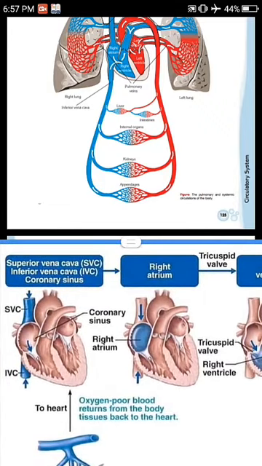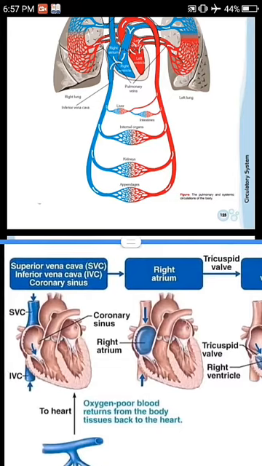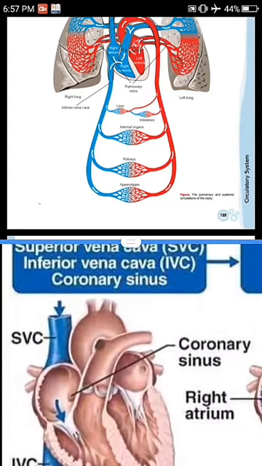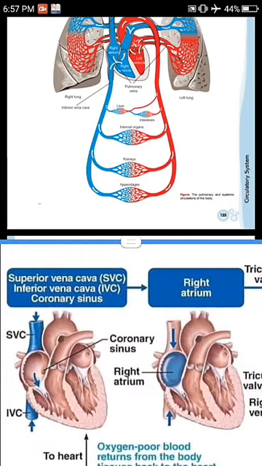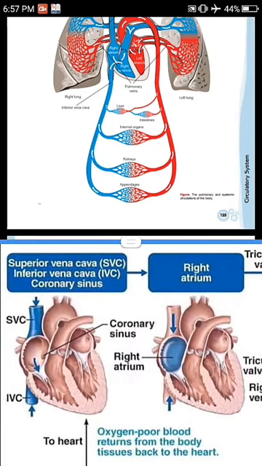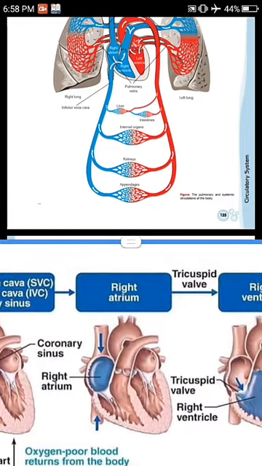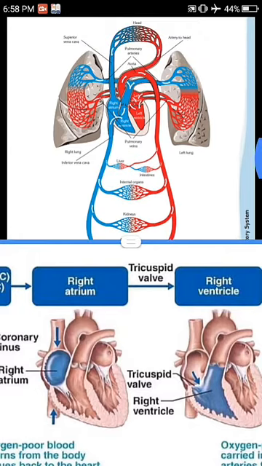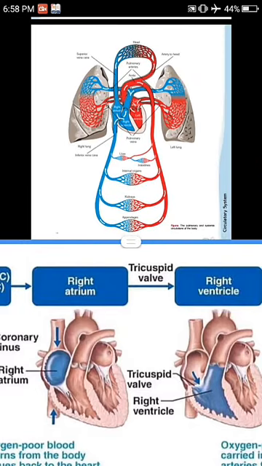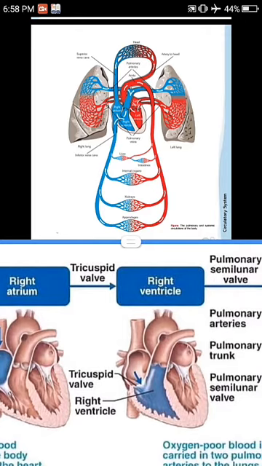In this image, the upper portion is the superior vena cava, and the lower portion is the inferior vena cava, and it is shown how the blood enters the right atrium and then travels down through the tricuspid valve to the right ventricle. This is the tricuspid valve as shown here.